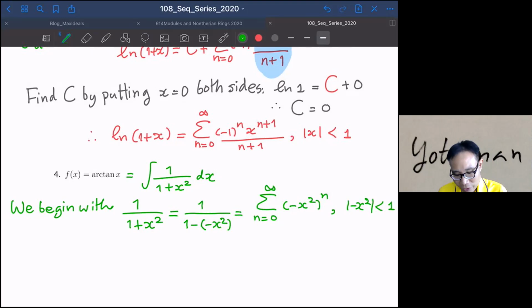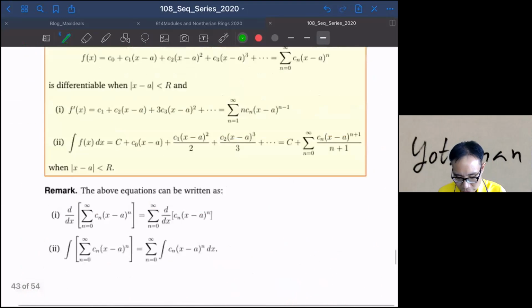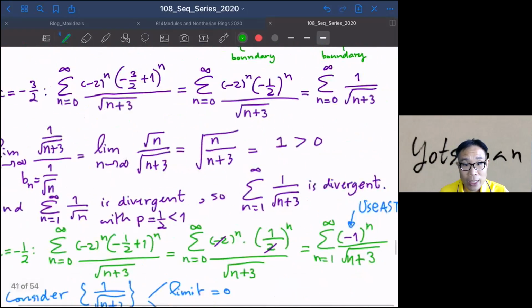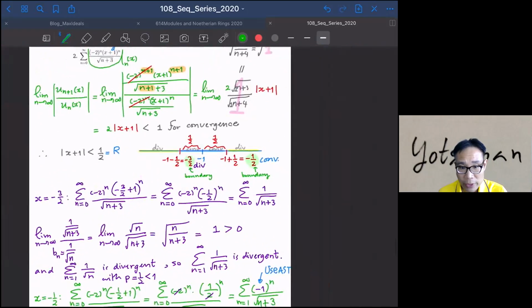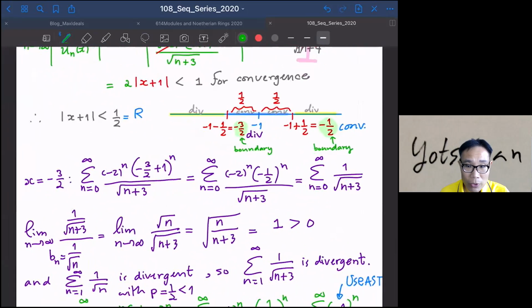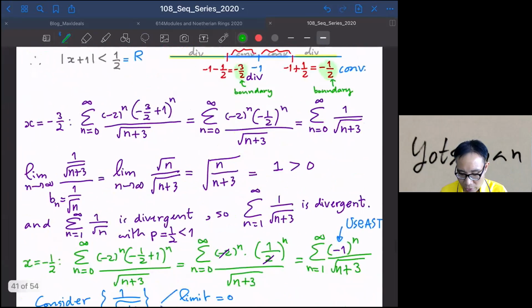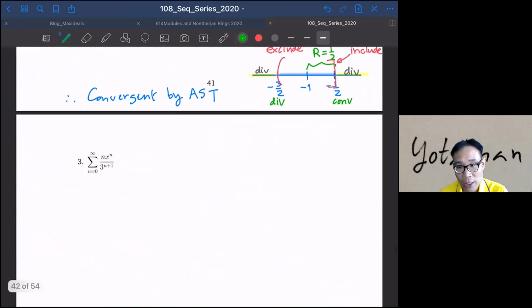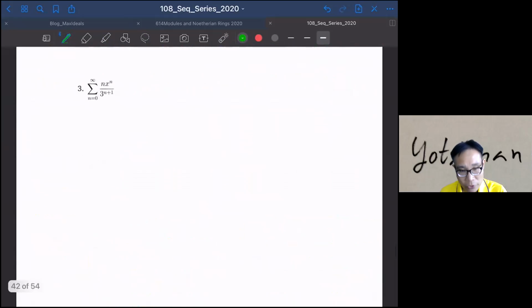So in this clip, we learned how to find the radius of convergence, and we learned how to determine the interval of convergence. Sometimes it turns out to be a closed interval, and sometimes it turns out to be half closed, half open. I'll let you do this one on your own from the beginning.